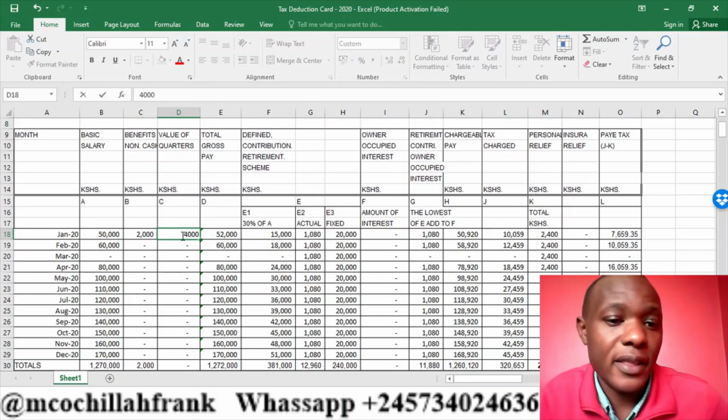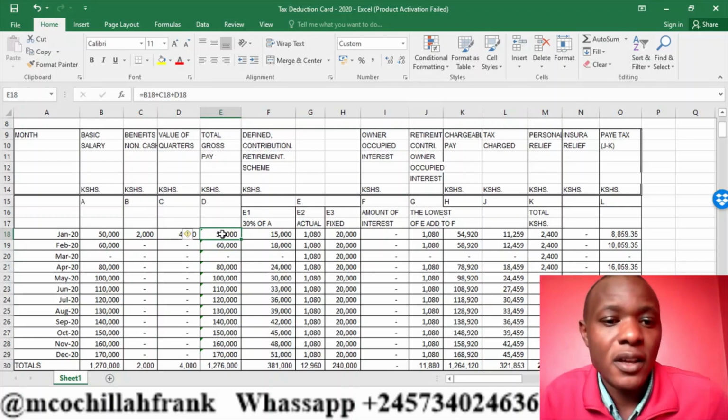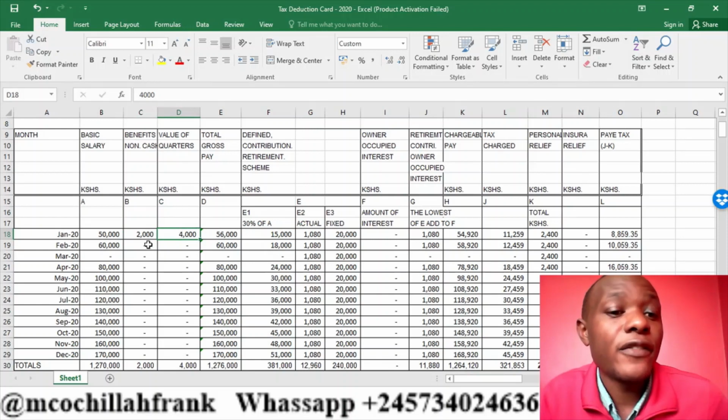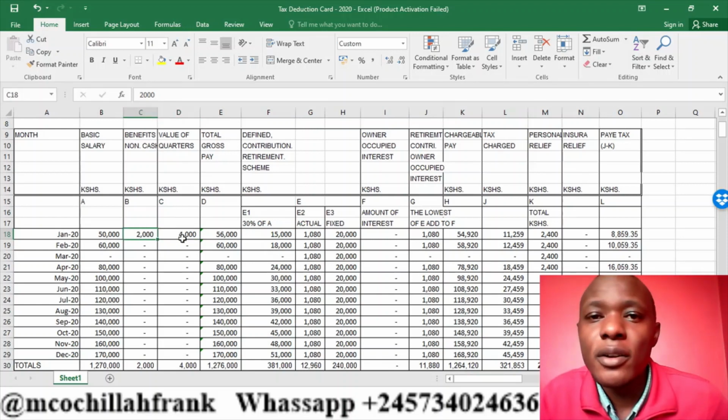Say the house is a single room that goes for maybe 4,000 shillings, so it adds to your gross pay. Understand? So gross pay is just a summation of B18, C18 and D18, which is basic pay, non-cash benefits, and the value of quarters. If you are not given any of this, just put a 0.